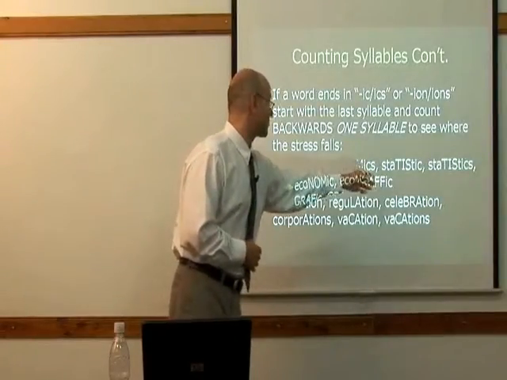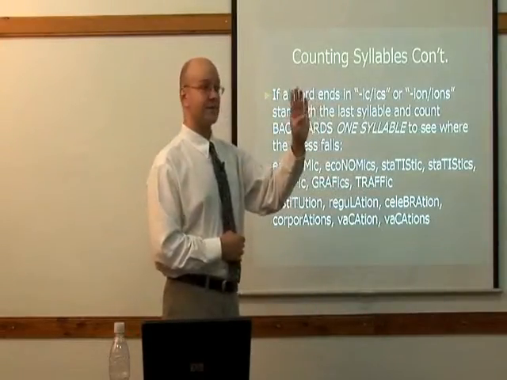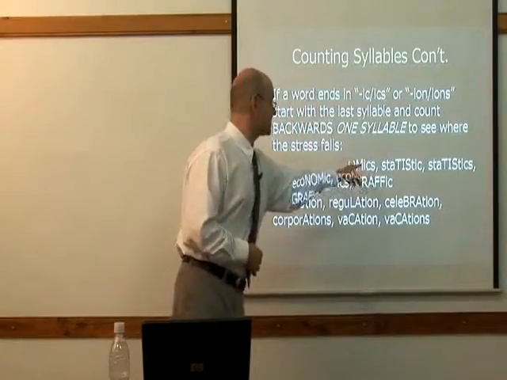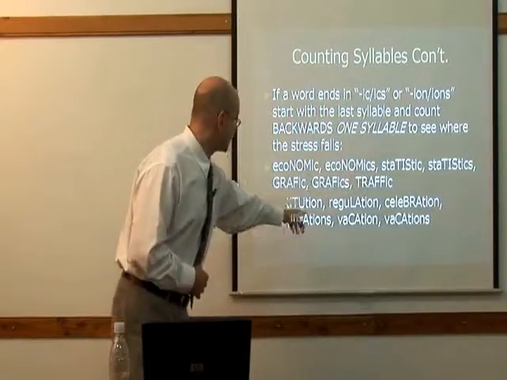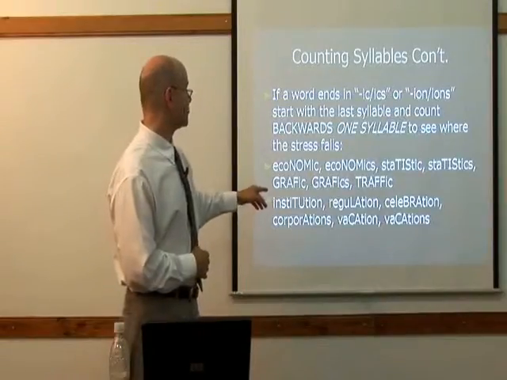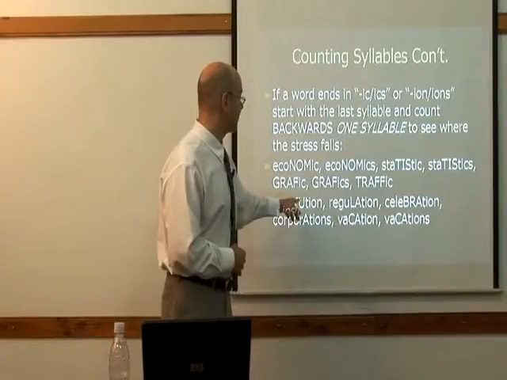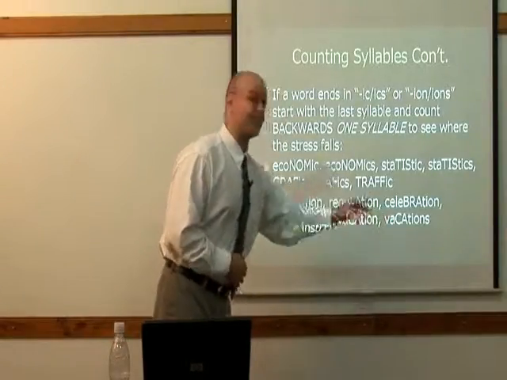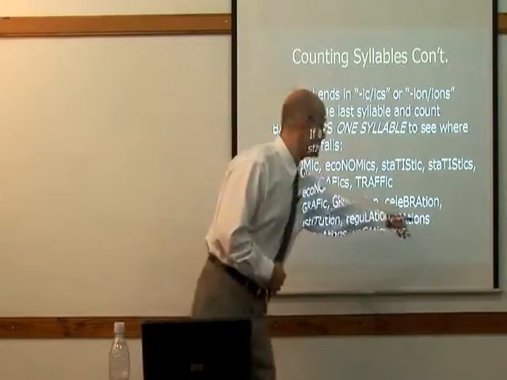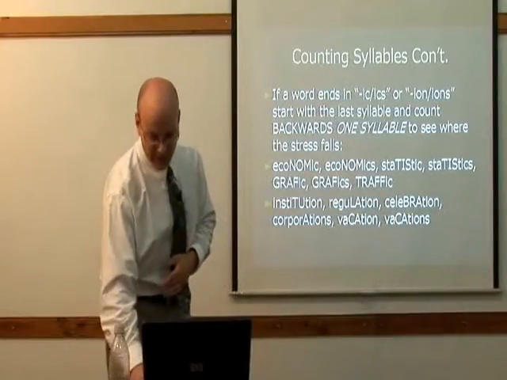Or the plural is the same. Economics, there are 4, start at the end and count back 1. Same thing with ION. Institution. Institution has 4, start at the end, count back 1. Or vacation. Vacation has 3, start at the end and count back 1.